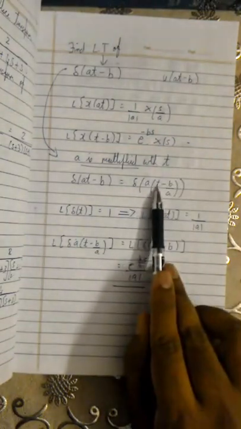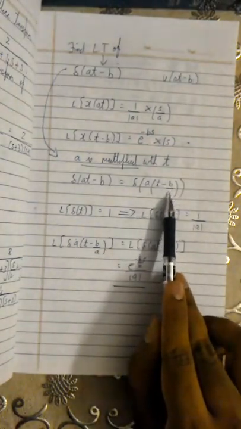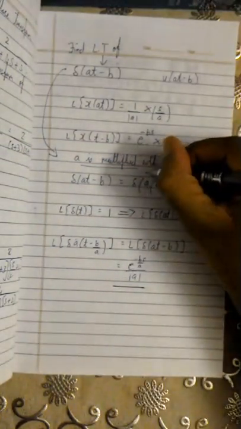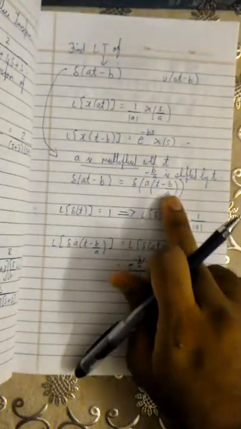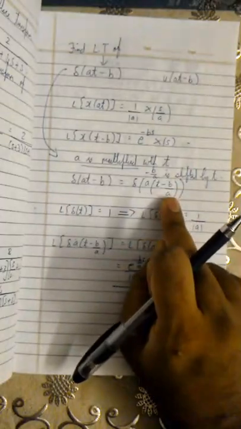So t is now shifted by minus b by a seconds. Here I have found my scaling factor, which is a, and my time shift, which is minus b by a seconds. So now I can apply my Laplace transform.